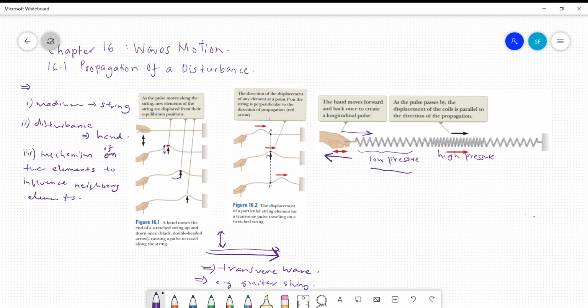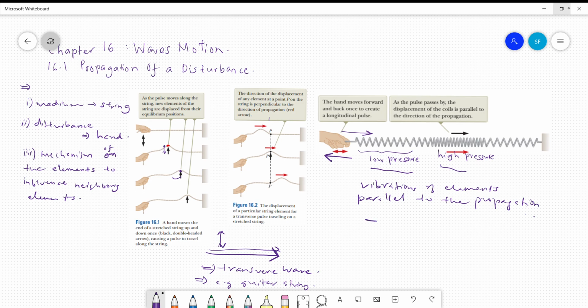At the same time, we have created different pressure in the spring. There is a region we call the low pressure region and a high pressure region. And here the vibration of the elements in the spring is now parallel to the propagation of the wave.